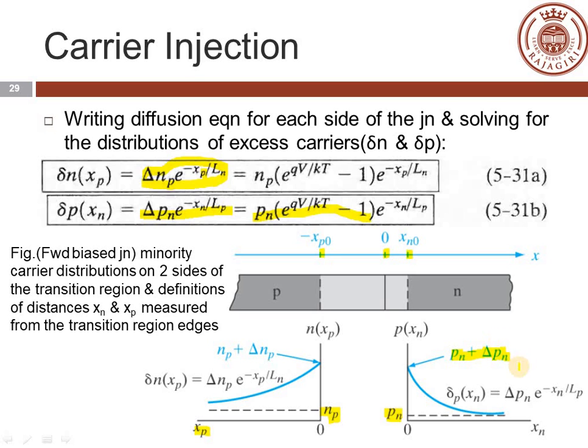But this capital delta pn will decay over distance, so its instantaneous value will be small p of xn equal to capital delta pn times e to the power minus xn by Lp. Similarly, on the p side, np equilibrium is constant, and the capital delta np at the initial value will decay. The instantaneous value of excess carriers, small n of xp, equals capital delta np times e to the power minus xp by Ln.